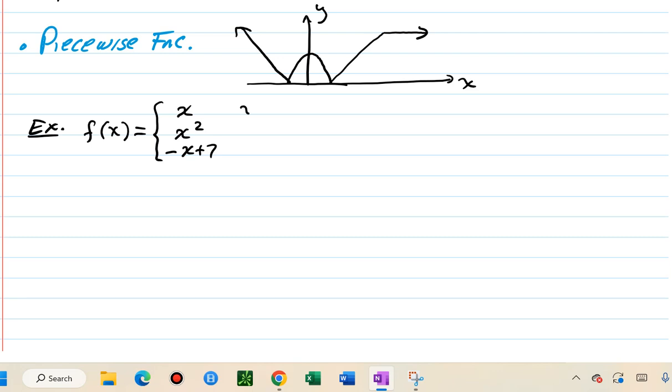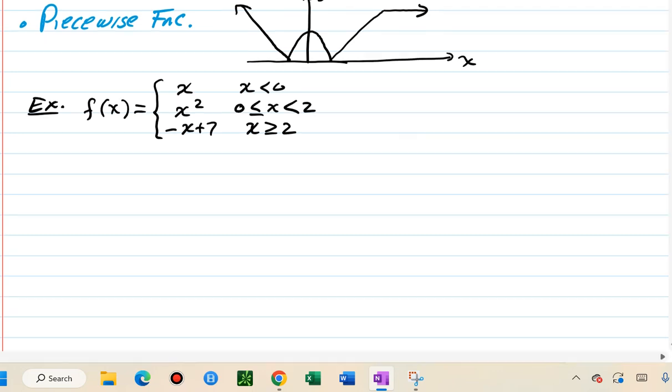Now, the first function is good when x is negative. For values of x between 0 and 2, inclusive of 0, exclusive of 2, the function is governed by a parabola. And for values that are 2 or higher, including 2, it follows the line.